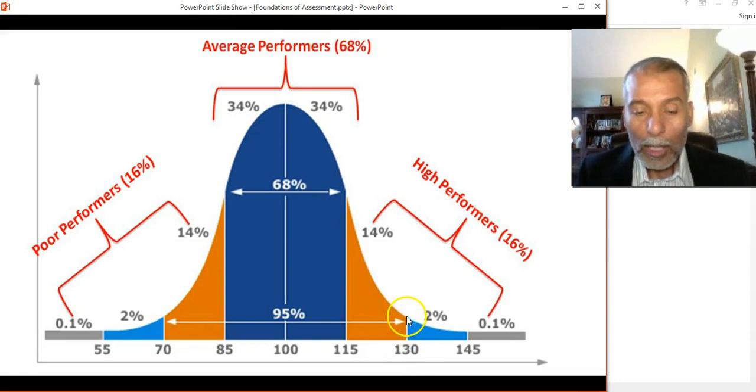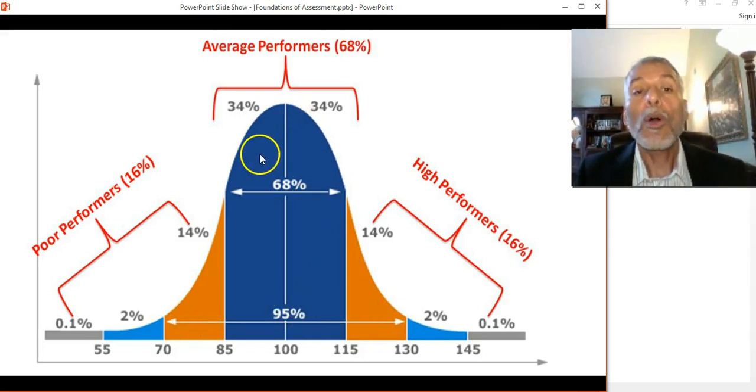So between 2 standard deviations above the mean and two standard deviations below the mean, that is basically where 95% of the population who takes the test is going to perform.